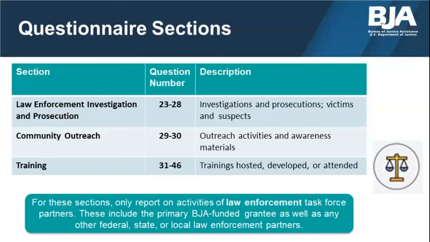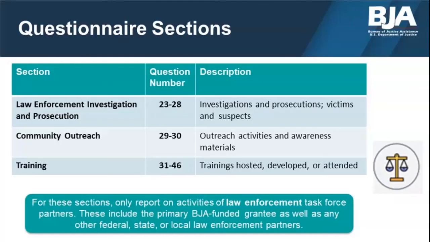But for now, I want to emphasize that for this section, the Law Enforcement Investigation and Prosecution section, along with the ones related to community outreach and training listed here, only report on activities of law enforcement task force partners. These include the primary BJA-funded grantee that is receiving your grants, as well as any other federal, state, or local law enforcement partners.